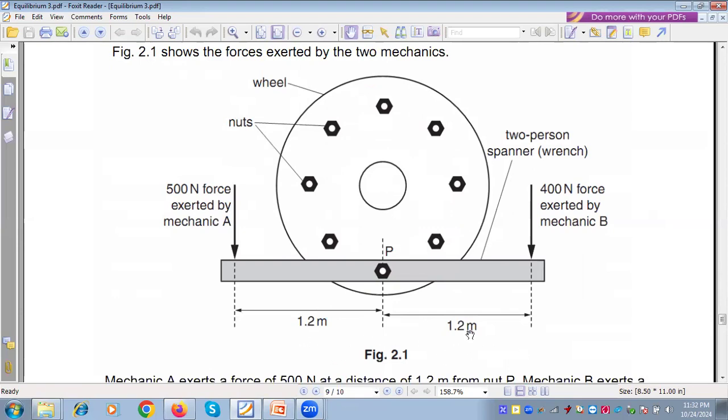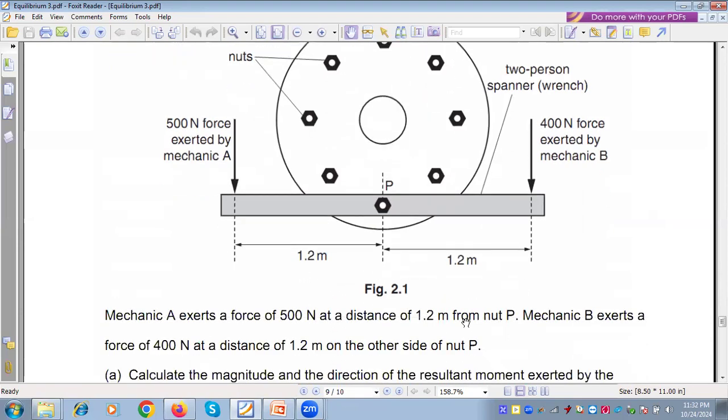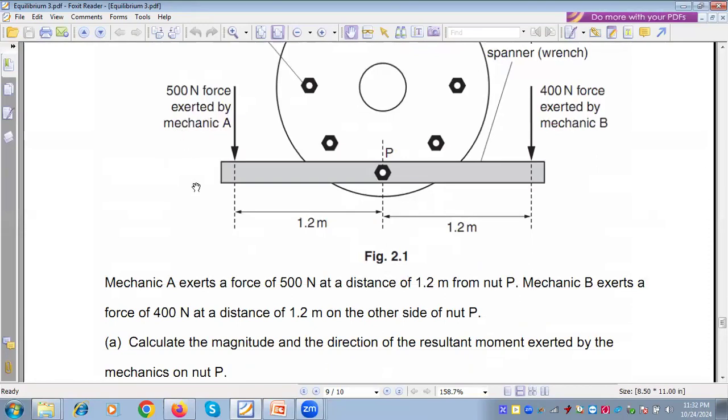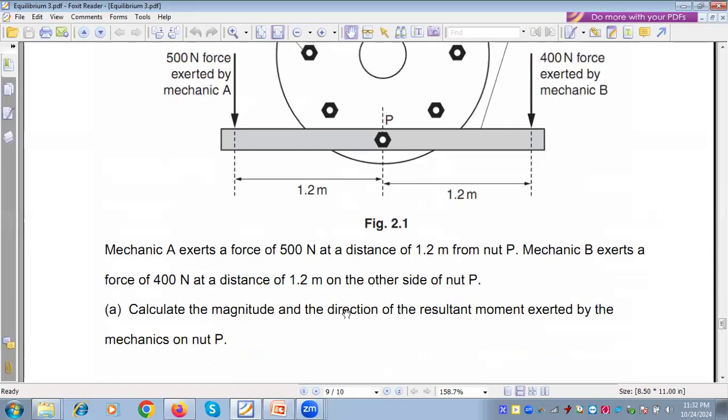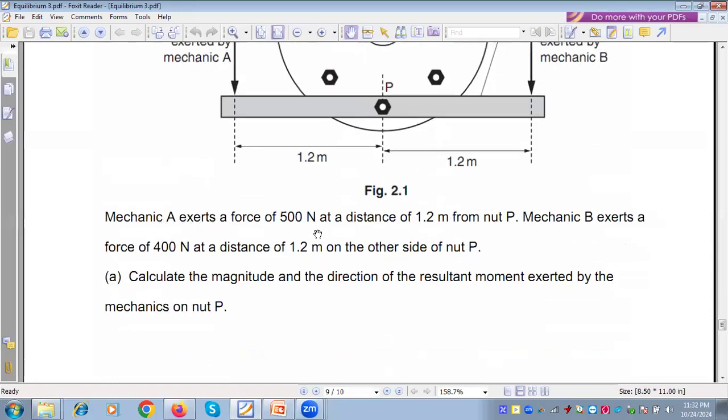Since the two people are applying different forces, their moments will be different. One will be an anti-clockwise moment, the other clockwise. Mechanic B is applying a clockwise moment about P, whereas mechanic A is applying an anti-clockwise moment about P. Mechanic A exerts this force and B exerts 400 Newton.